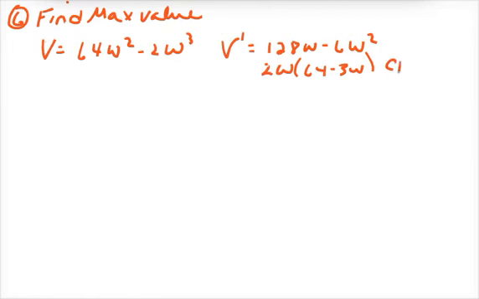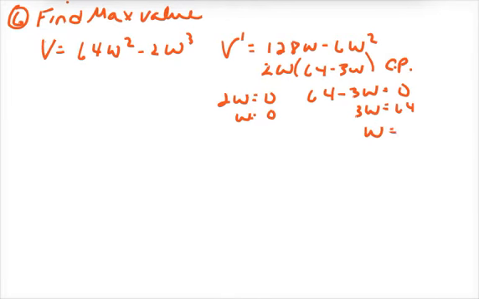So the critical points, you have to set each factor equal to 0 and solve. So w is equal to 0. And over here, 3w is equal to 64, so w is equal to 64 thirds. So the critical points are 0 and 64 thirds.